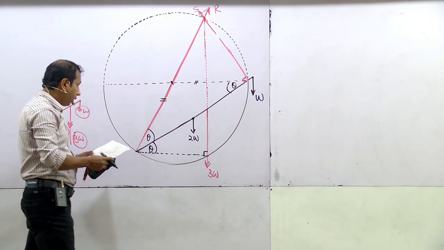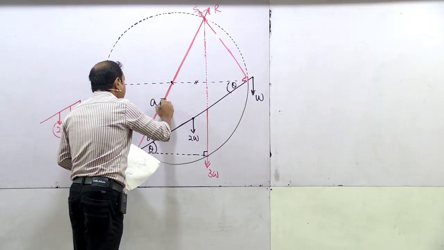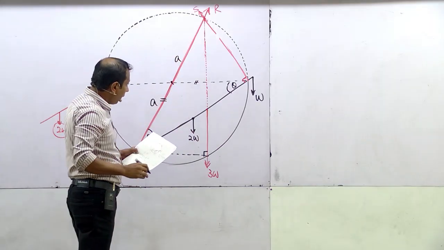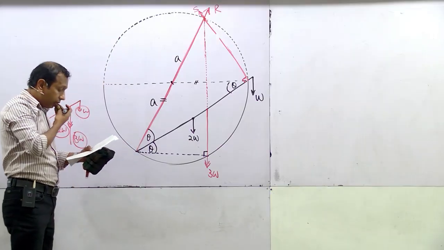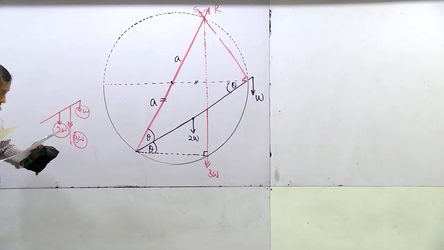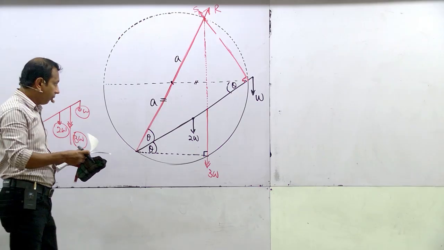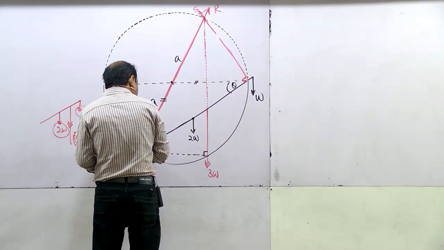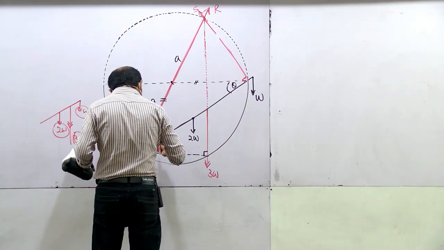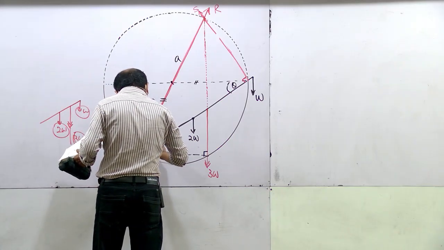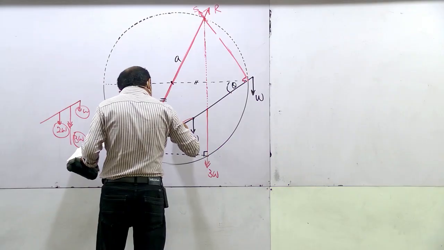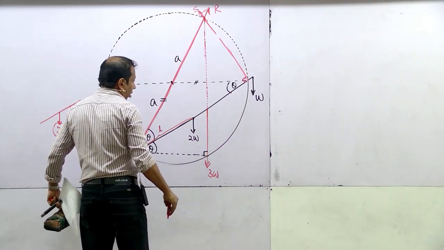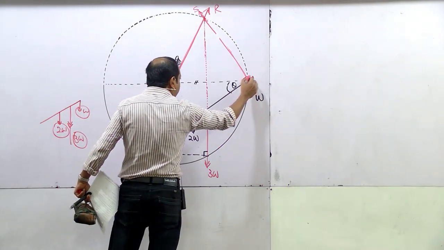And the radius of the ball is A, here, A. And we are given the length of the rod is 2L, and also it is a uniform rod. The length from here to here is L. This is L. This is also L.